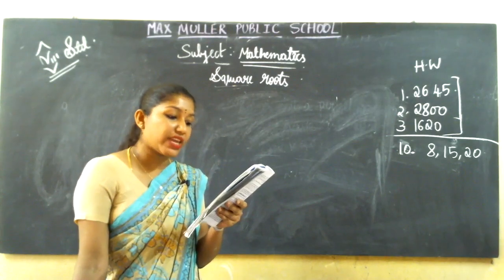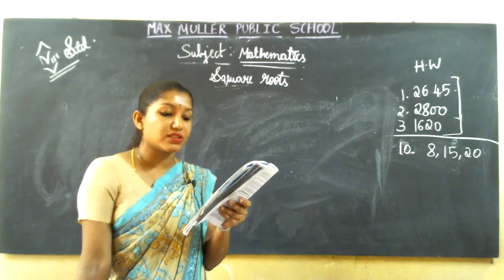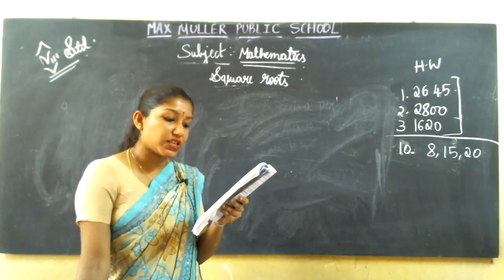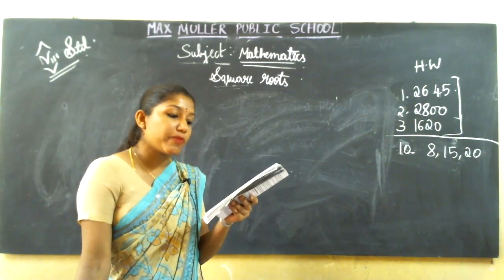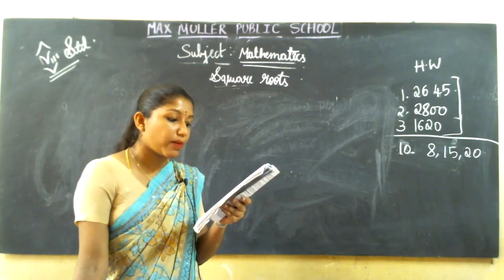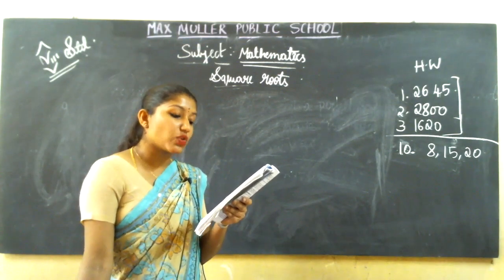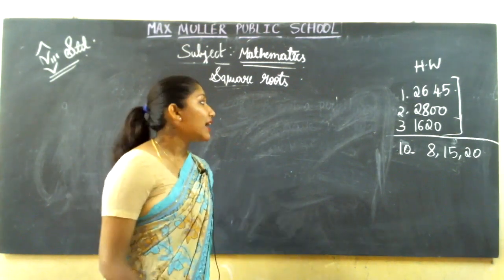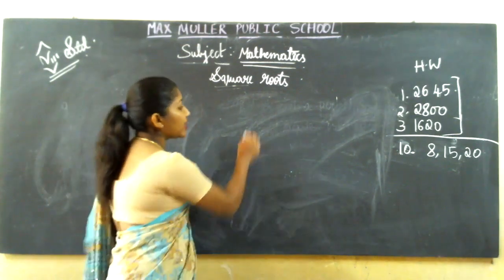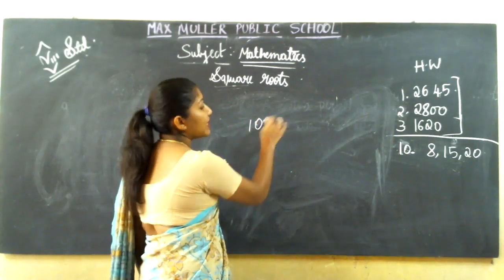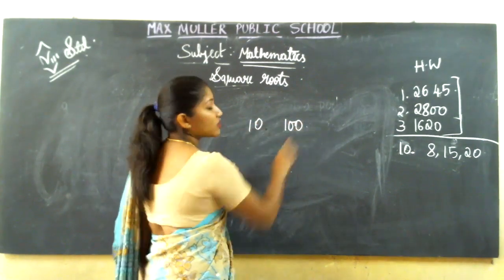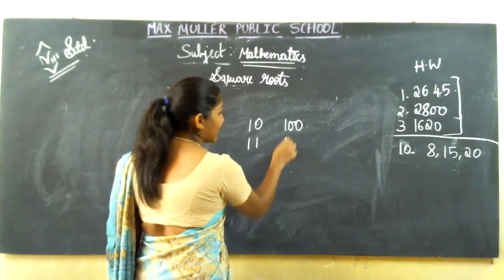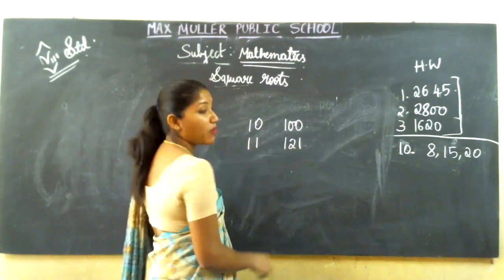So what can we say about the number of digits and the square root? If a perfect square is a 3-digit or a 4-digit number, then its square root will have 2 digits. That is what I have to convey here. If the number is 10, its square is 100. If the number is 11, the square is 121.